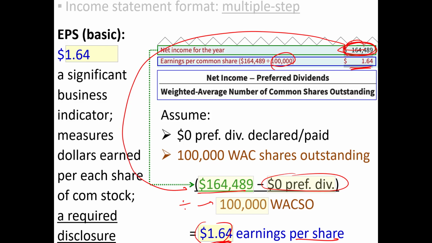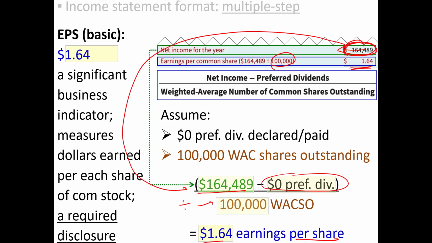Maybe $1.64 per share isn't that good. Maybe I can take my investment, put it into another competitor type company, and maybe get, say, a claim of $2 per share or $2.50 per share. That might sound more attractive, but that's really one factor you would want to consider in addition to several others when you're making an investment decision.